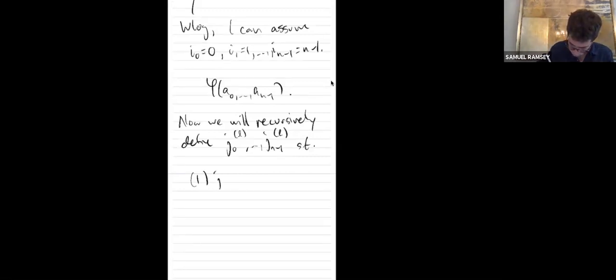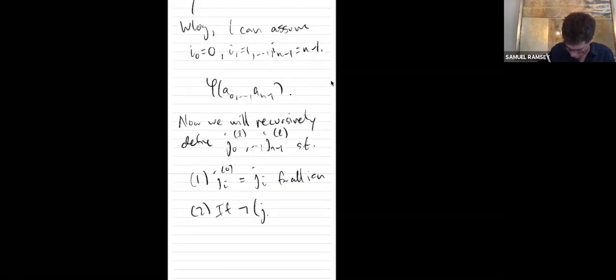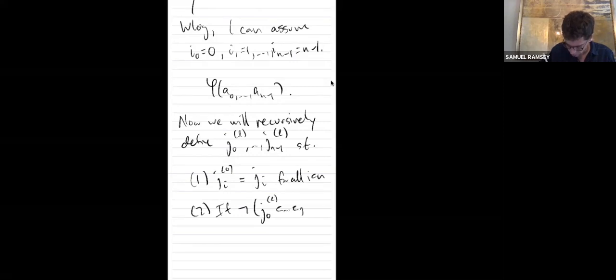So j^0_i is equal to j_i for all i less than n. And 2 is, if it's not the case that j_0^L is less than ... j_{n-1}^L.